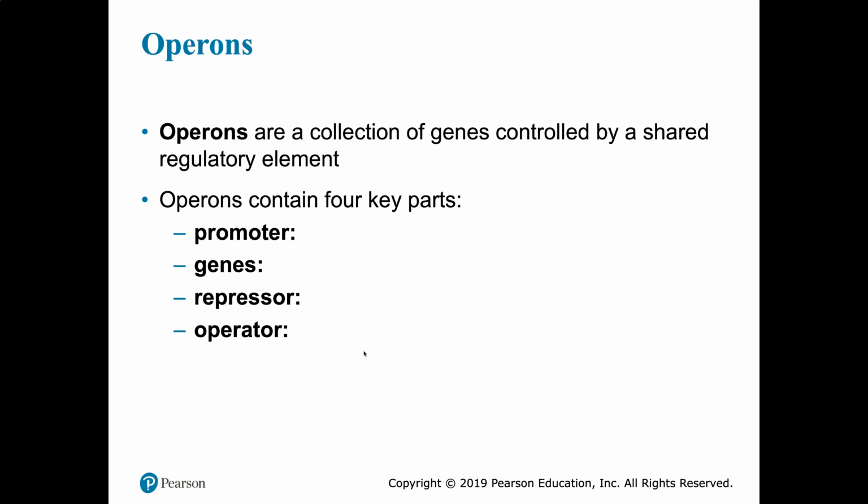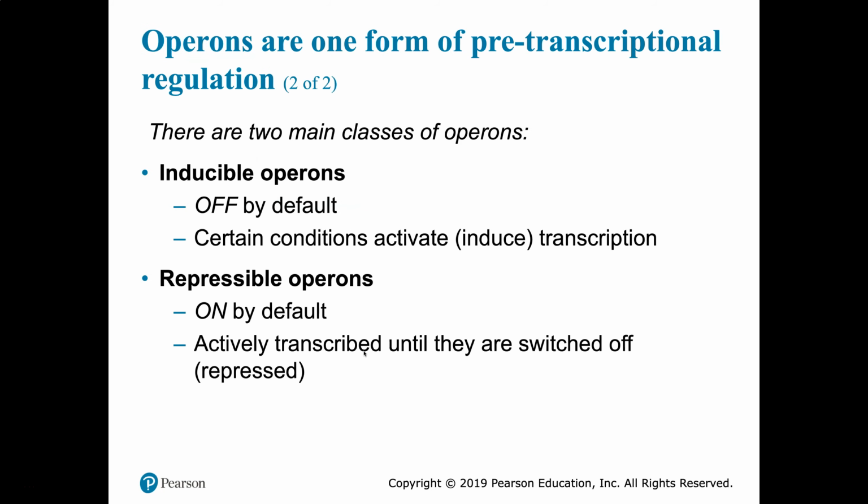Before we do, I want to talk about two types. There is inducible and repressible. We're not going to talk about inducible operons in this class. There are a bunch. Inducible simply means they're off by default and have to be turned on.